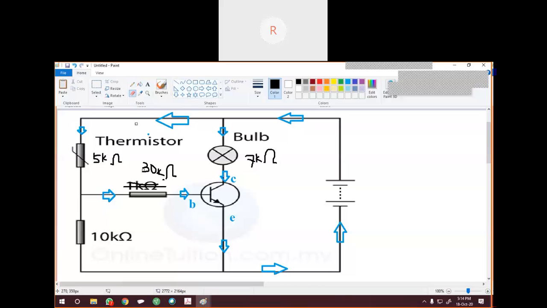So let's change this to 11. Will there be any flow? Will the light bulb light up? No, sir. Why? Because the bulb is 7, the resistor is 11, sir, it's too big. So what will happen to the current? Which way will the current flow?